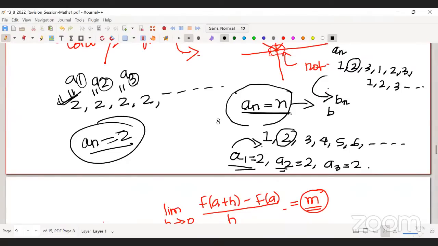The first term of the subsequence is 2, so I have taken this one. Then there is a 2 after it, so I can take this 2. Then for b3, I have a 2 here again, so I can take 2.